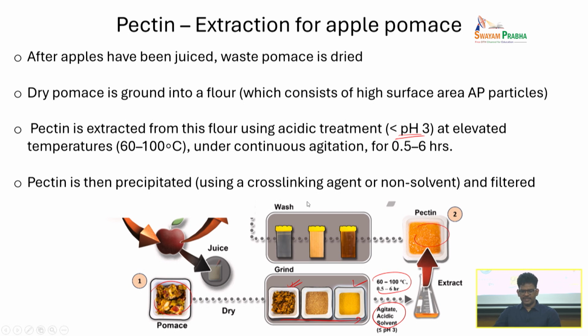So that's a typical method of extracting pectin with acid. Here the acid can be HCl or nitric acid, or other acids.